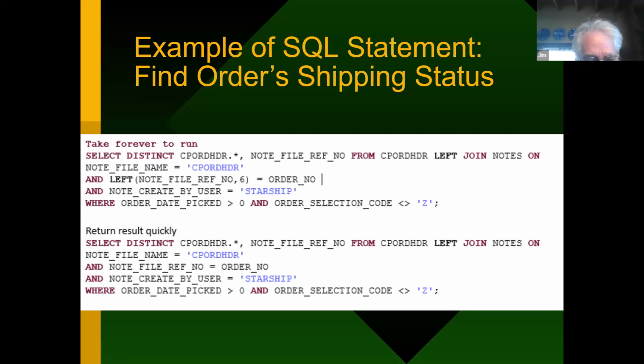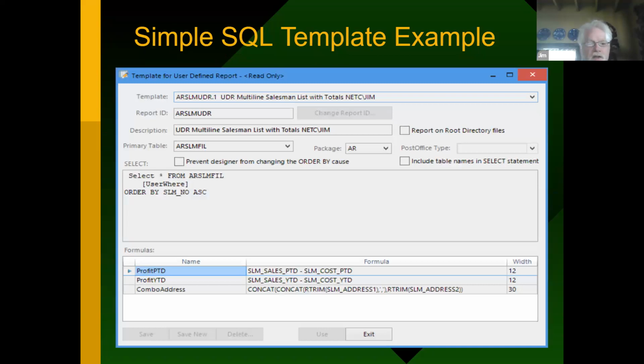Okay. All right. So basically we're running through our own SQL. We're testing it and making sure that we're giving you the best performance that we can. So this is an example of the template. And can you all see my cursor? Yeah. Okay. So basically what you do, of course, is you describe the template, you give it a name, and you tell it from this drop-down list what table is the primary table. And then it actually does the select star from AR salesman file here.